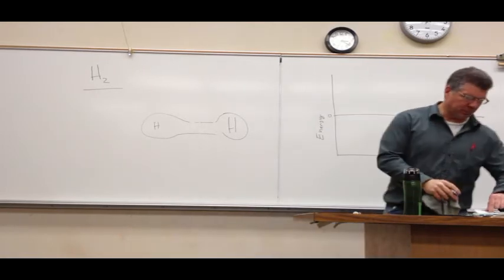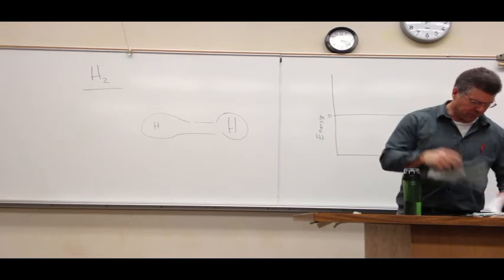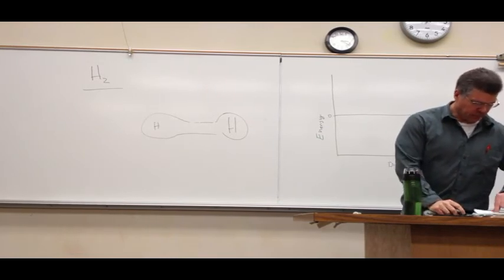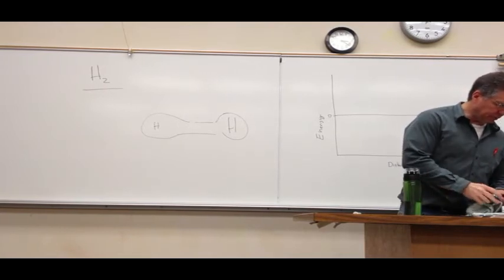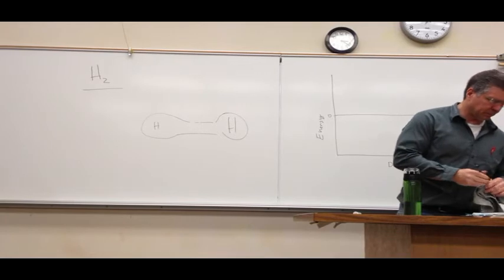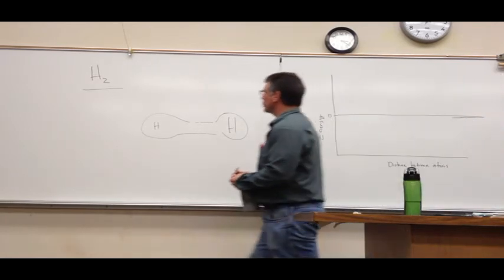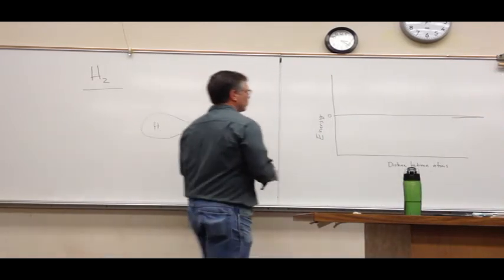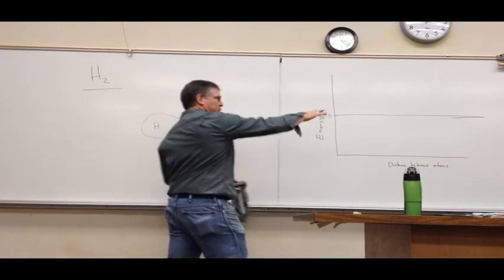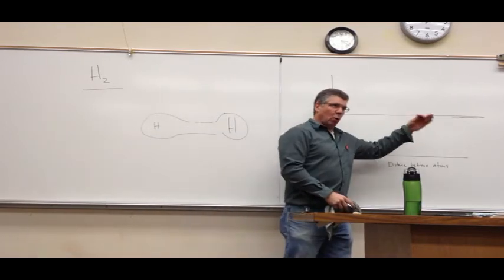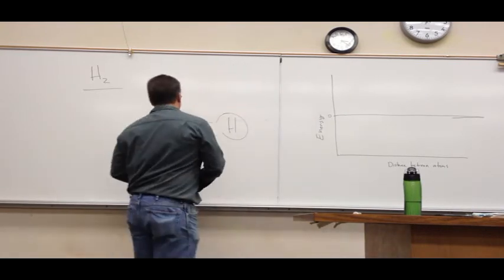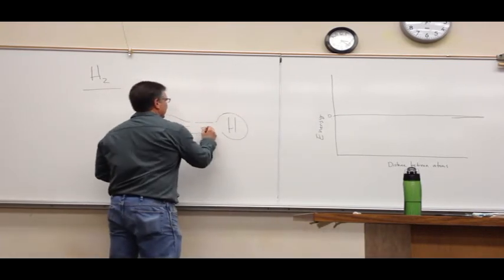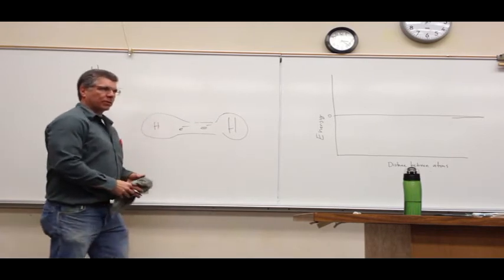This picture, by the way, is in your textbook, on page 268. It's better than I can draw. The energy starts going down as they get closer together. The orbitals overlap. They start sharing their electrons. The electrons are shared here.